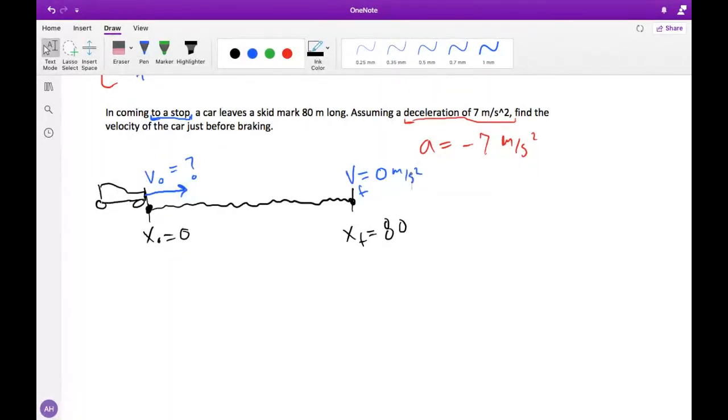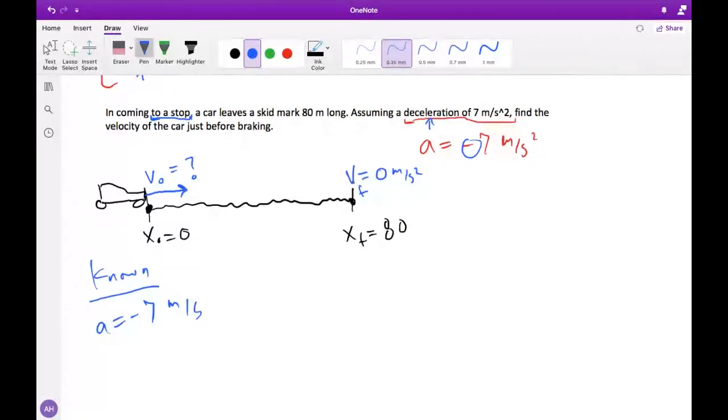Alright, so just going through the process again, writing out our knowns and unknowns. We know the acceleration is -7, and we know it's -7 because it says the car is decelerating, so that's why we have that negative there.